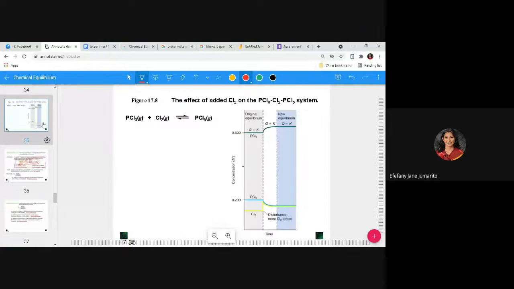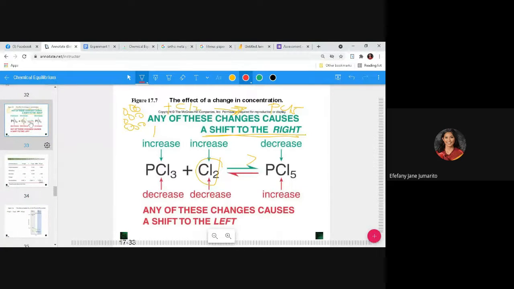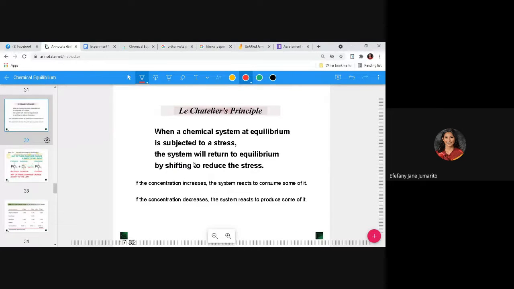Because again, katong gibasa last time. Okay. When a chemical system at equilibrium is subjected to a stress, if the concentration increases, the system reacts to consume it. Okay. Kung mudaghan siya, i-consume niya. So kung i-consume, there will be product.